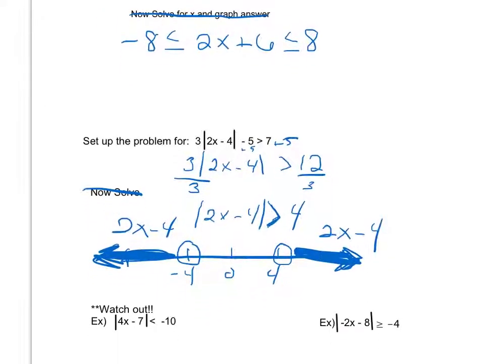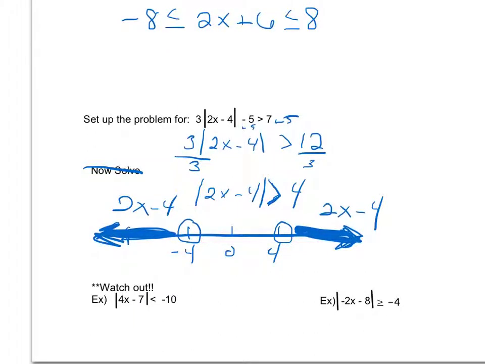So last thing I'm going to do, and we're going to come back to these watch outs in the next video, that means that 2x minus 4 is either less than negative 4 or 2x minus 4 is greater than positive 4, because either of those situations would satisfy my original inequality. So it would put me either back a distance of more than 4 because it's back here, or a distance of more than 4 because it's out here. And like I said, we're going to talk about that in the next video. So this is how you set them up. The next video will actually go through the solving process for them.